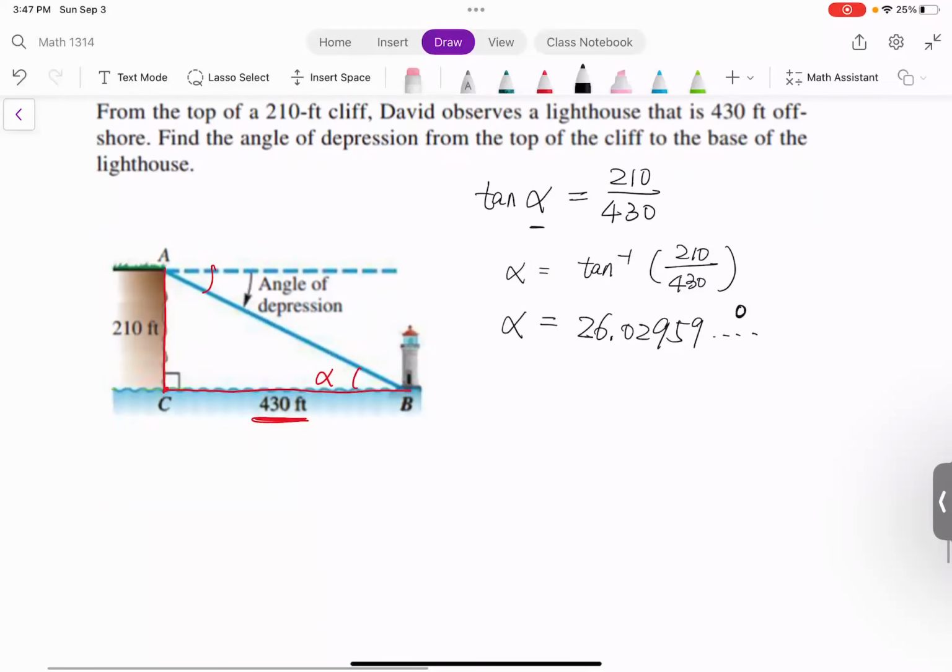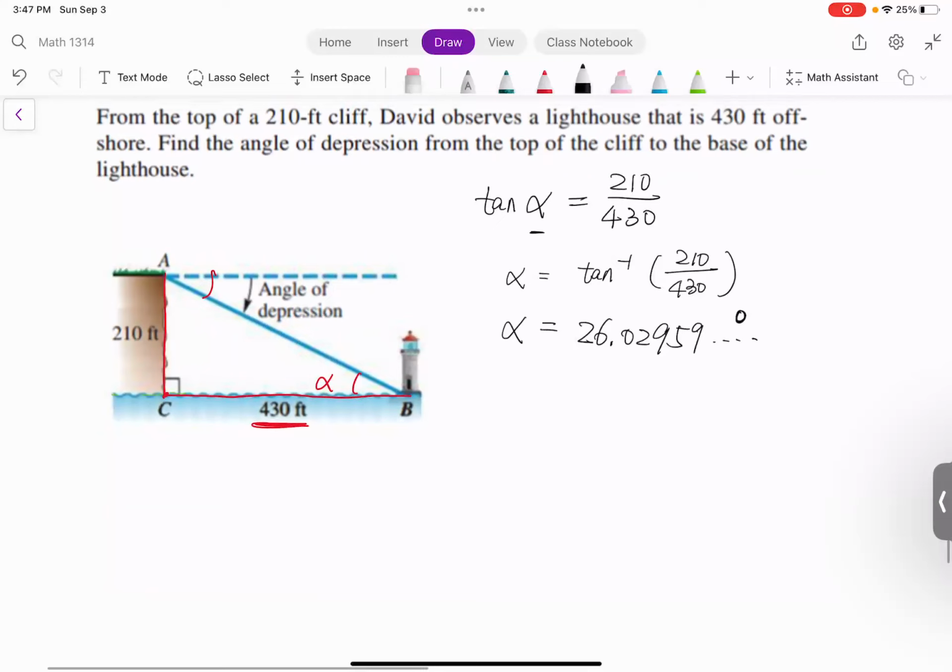This one, I'm looking for the alpha. This is a degree. I cannot ignore the degree symbol. But if the question says, round to the nearest minutes, what should I do? I cannot keep these decimals.